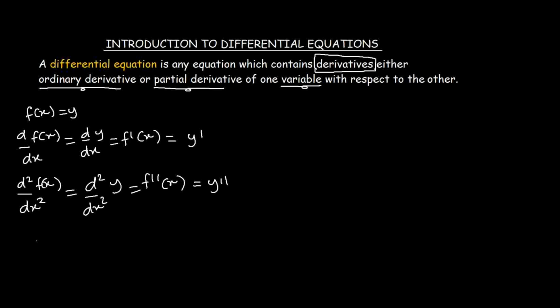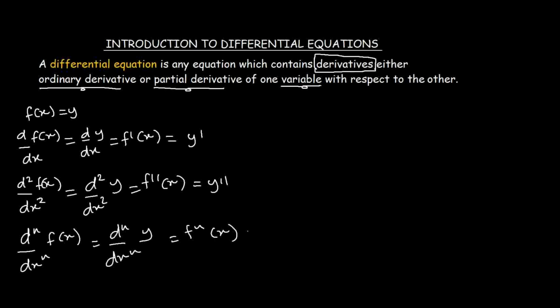In general, we can see that the nth derivative of the function f of x is d to the power n f of x over dx to the power of n, or d to the power n y over dx to the power of n, or f superscript n of x. All these are the different forms that you can write the nth derivative of a function in.